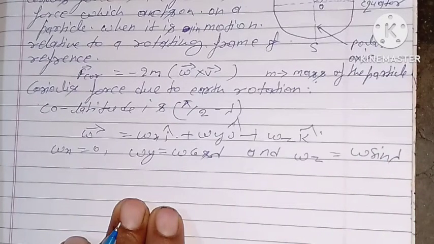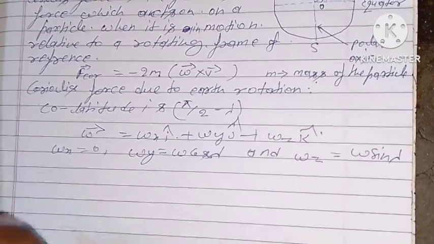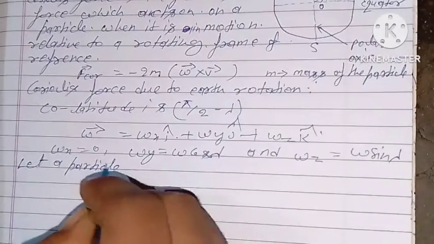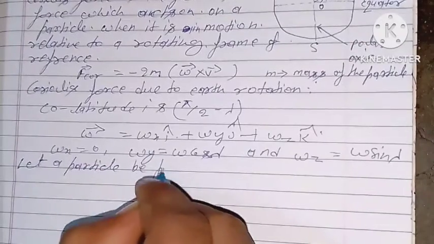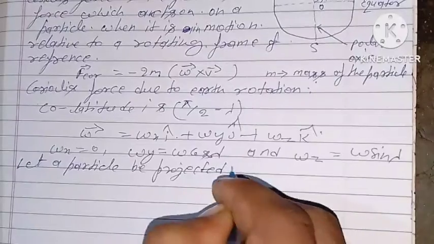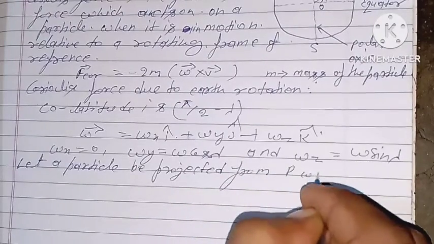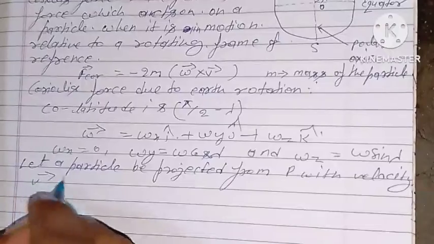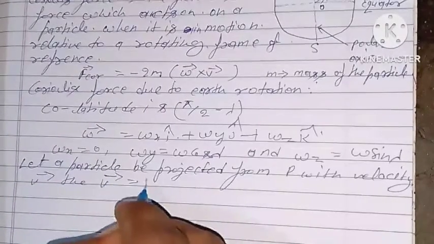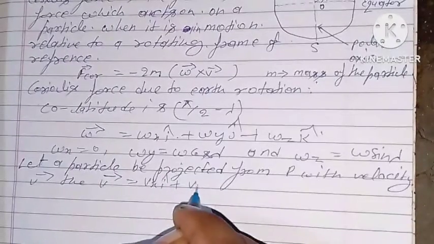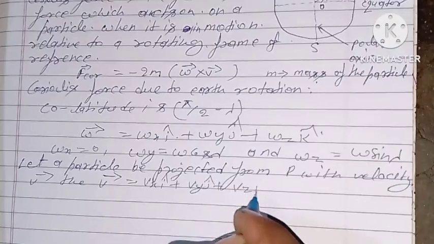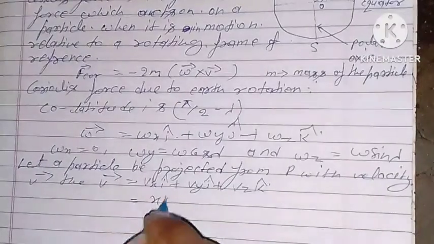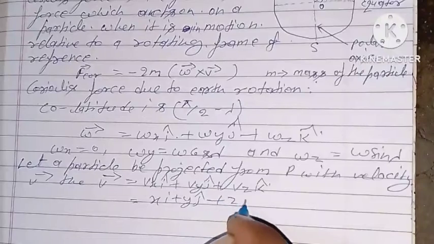Let a particle be projected from P with velocity vector v, then v equals vx i plus vy j plus vz k, equal to x dot i plus y dot j plus z dot k.